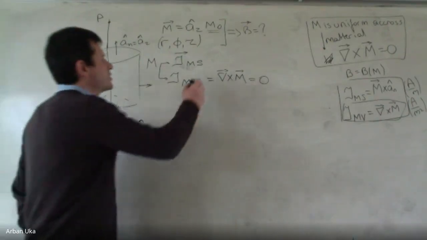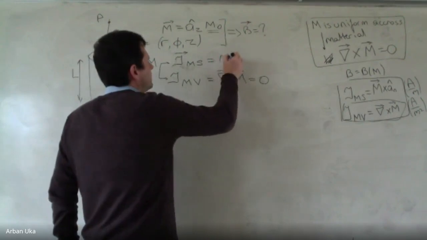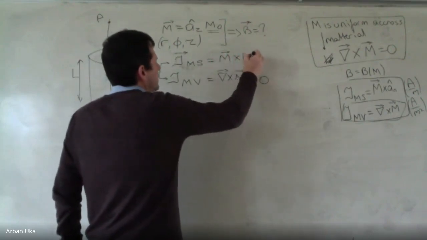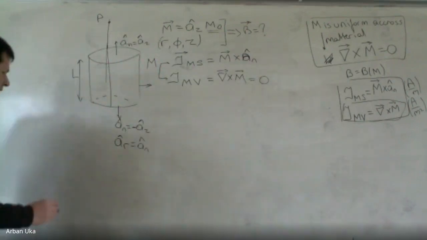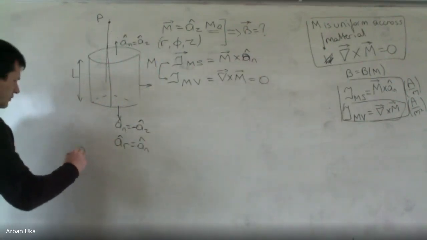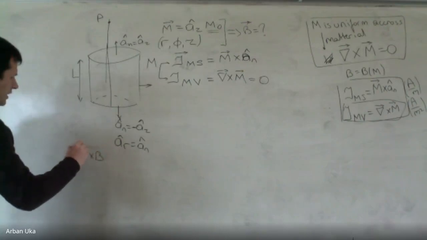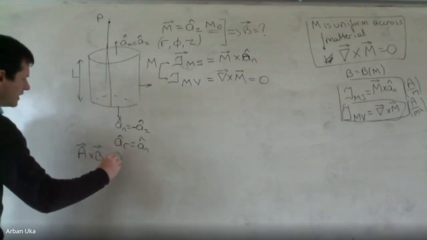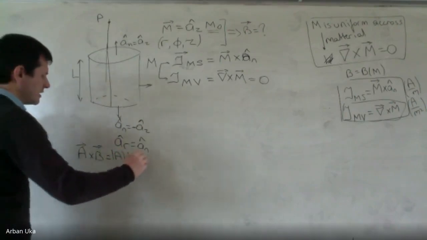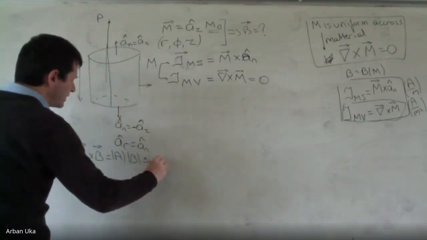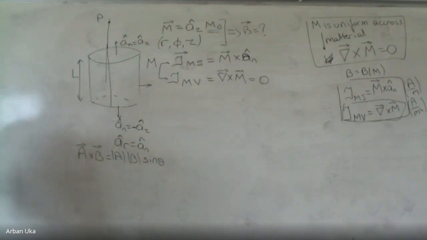Let's write this expression: J_s equals M cross a_n. We also know that the cross product between any two vectors A and B is equal to the magnitude of A times the magnitude of B times the sine of the angle between the two vectors.